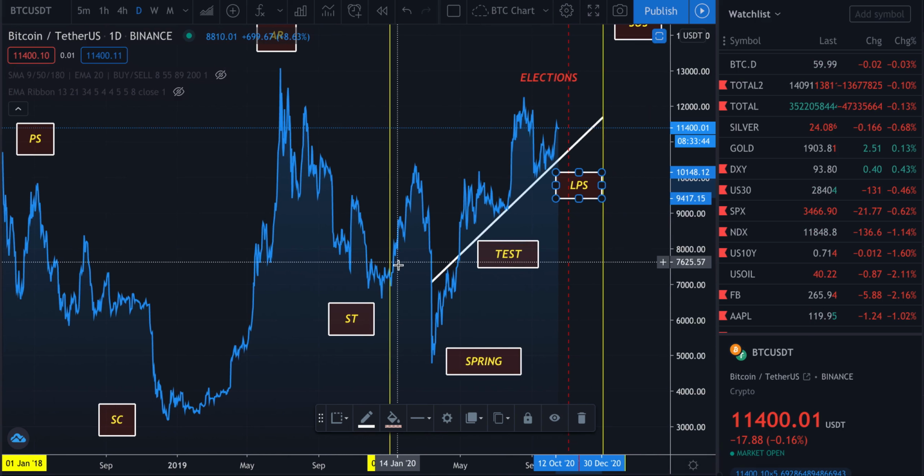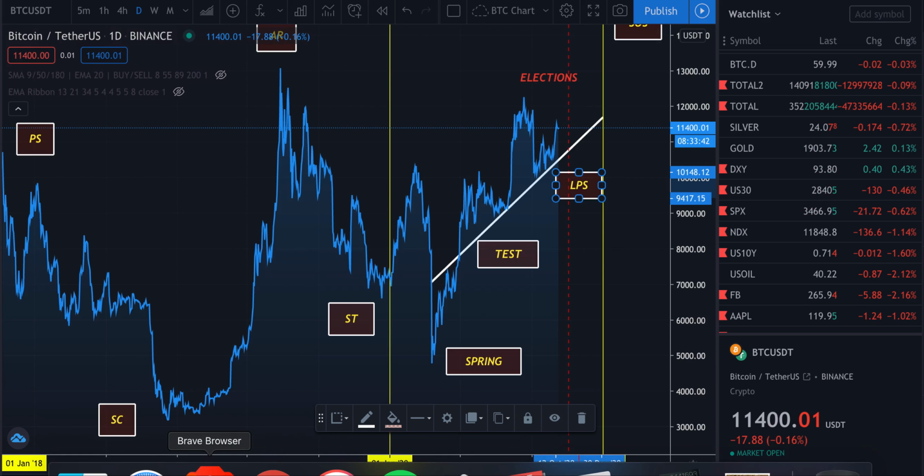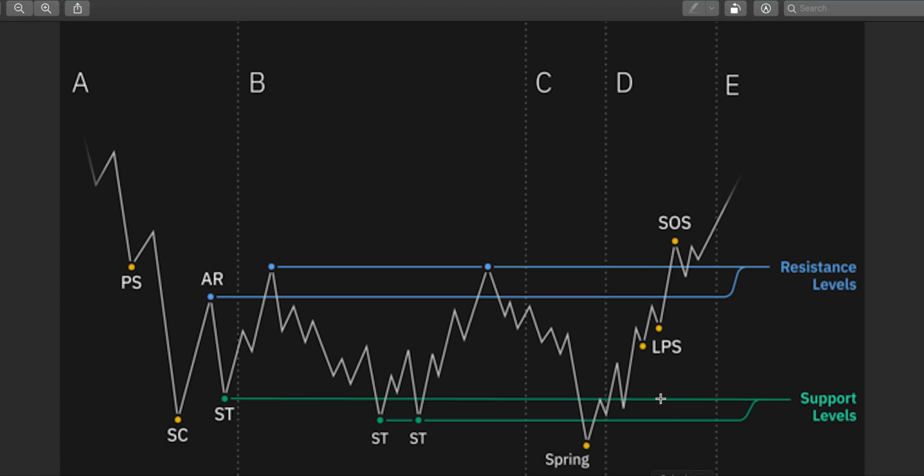And then we have the spring. Now, this spring phase that we enter could be lower than the SC phase. In our situation, it wasn't, because this Wyckoff accumulation cycle is probably 8 to 10 years, and it's for traditional markets whilst we're looking at the Bitcoin price.